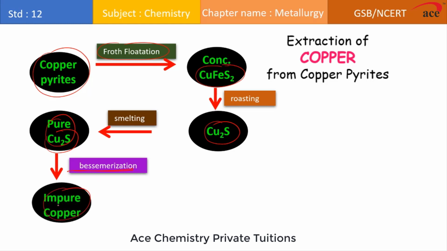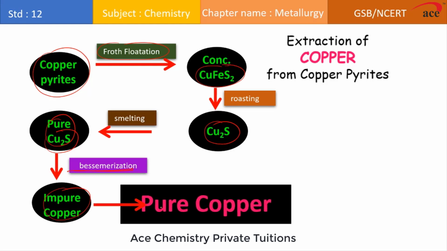This impure metal, which is referred to as blister copper, is again refined by electrolytic refining, and here we are getting 99.99% pure copper metal. So this is the process of how we extract pure copper metal from copper pyrite.